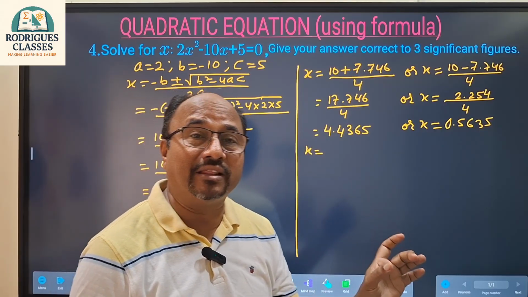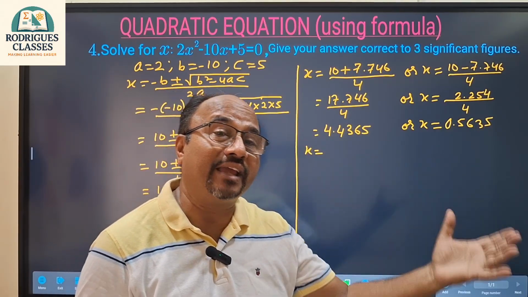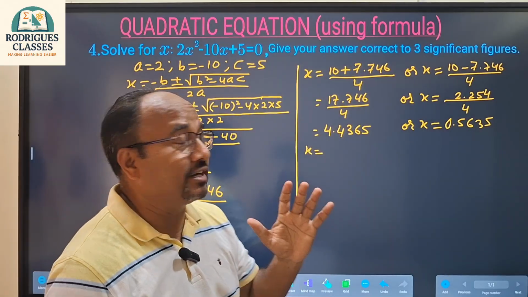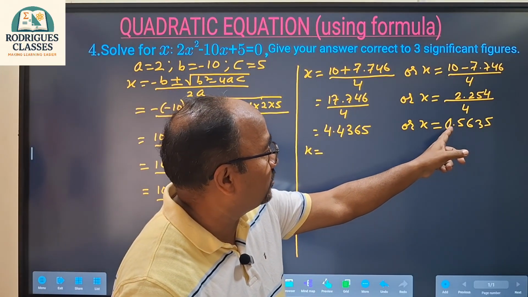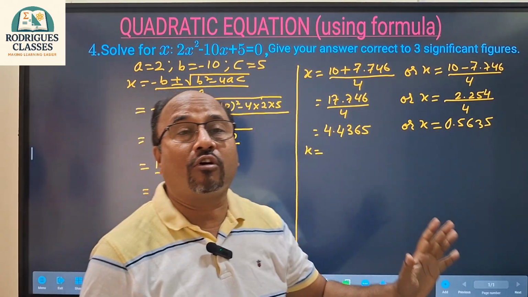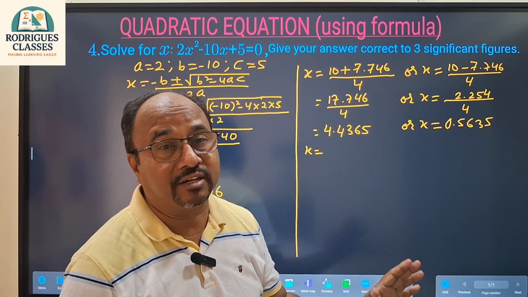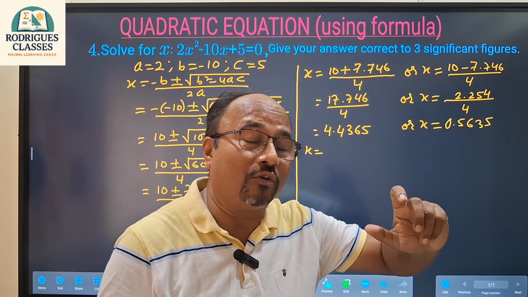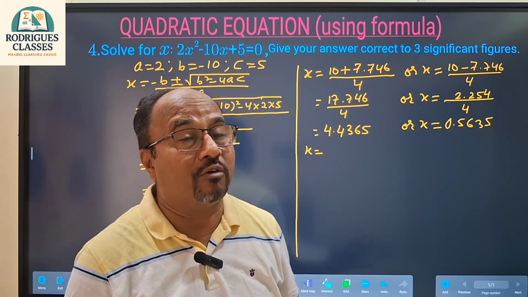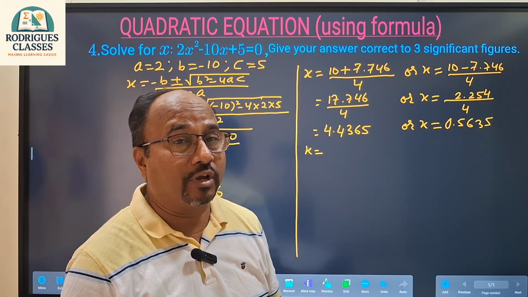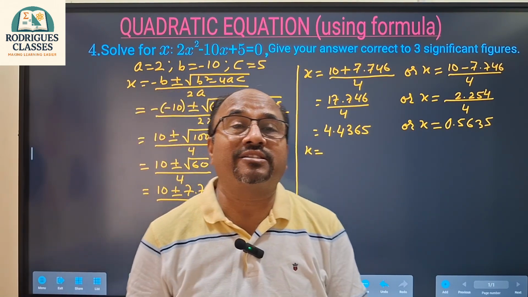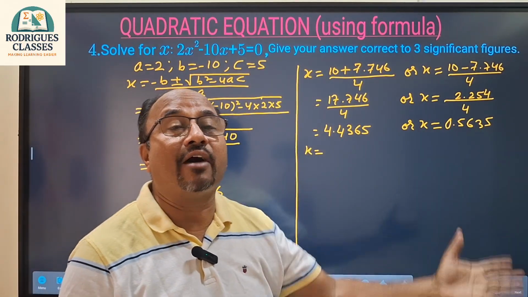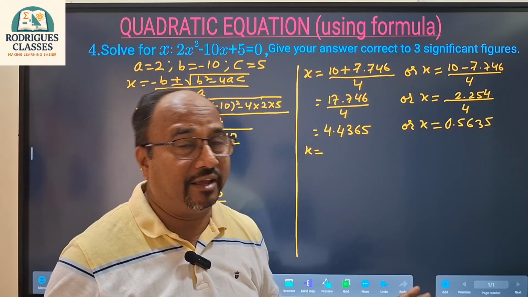If it is in between the other digits or at the end, it is counted as a significant digit. But before, it is not counted. Like here, this 0 which is before the decimal will not be counted as a significant digit. Even if I had 0.05, then that 0 after the decimal will also not be counted as a significant digit. Okay. When you are looking at significant digits, do not consider that you have to look only after the decimal. You have to look at everything.